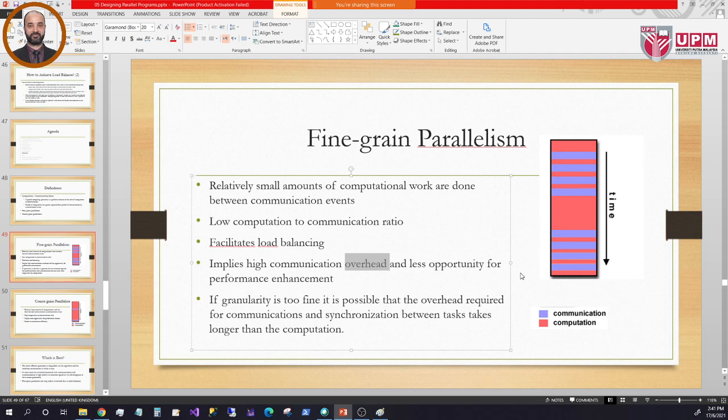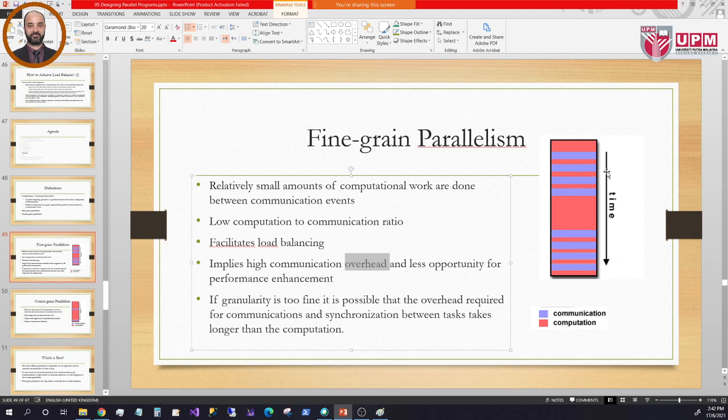So here the communication costs 28 minutes, and the execution in parallel costs only 3 or 4 minutes in total. So 3 or 4 plus the 28 becomes like 31, while the total time in sequential is only 30. So in this case, the overhead of the communication and synchronization hinders the improvement of the performance.